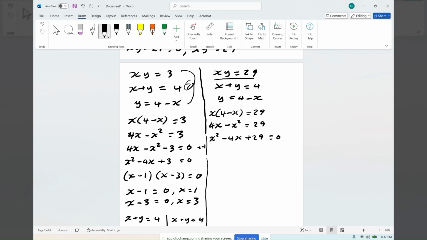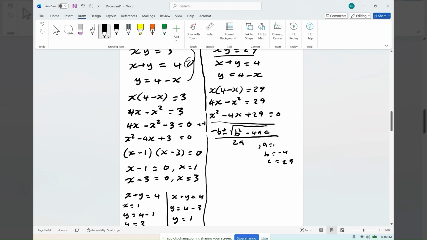Now, this cannot be factorized, so we have to use the quadratic formula: x = (-b plus or minus the square root of b squared - 4ac) divided by 2a, where a = 1, b = -4, and c = 29.